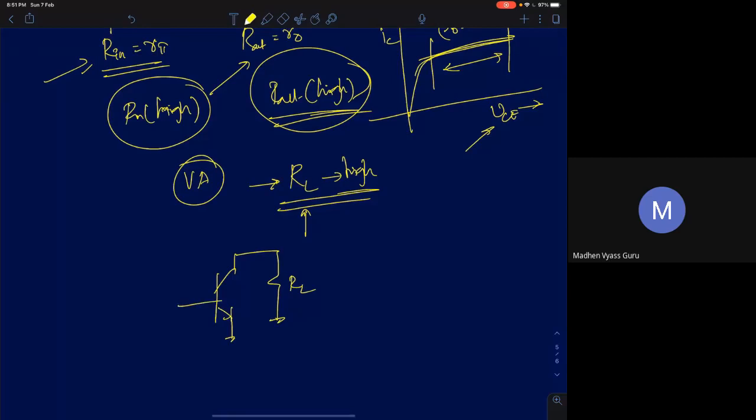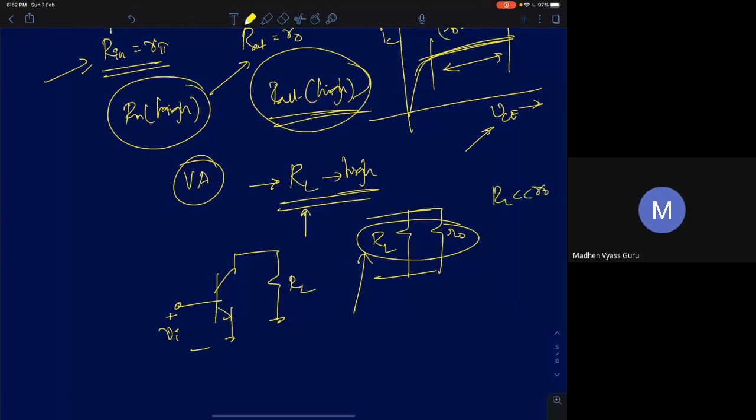Yes, so high RL. RL is going to come in parallel with R naught. You can look at it as voltage drop, or as resistors in parallel. When two resistors are in parallel, if your RL happens to be smaller than R naught, then the overall resistance will just be RL itself.